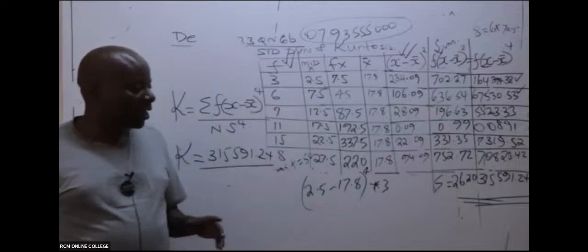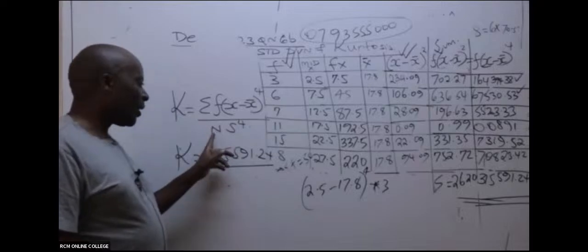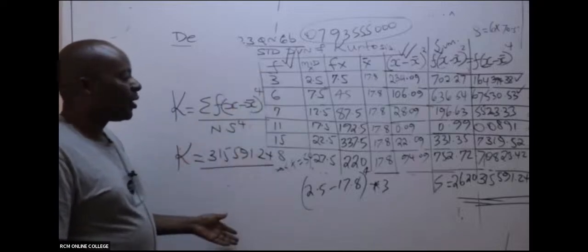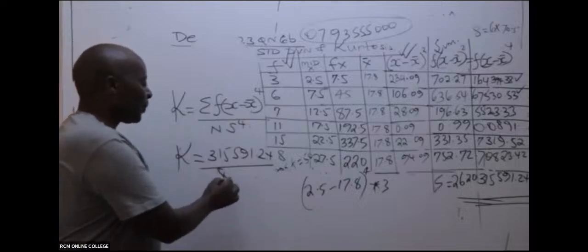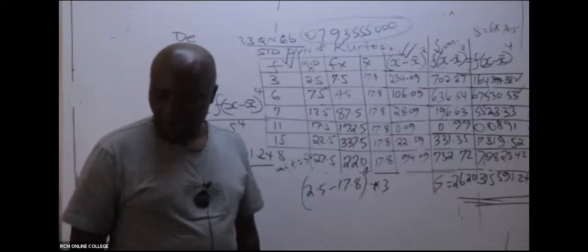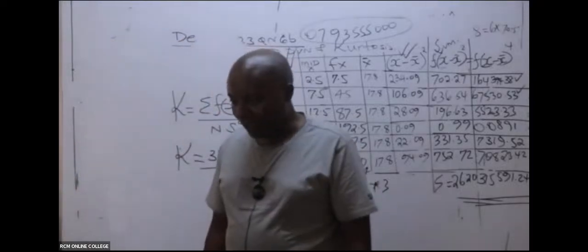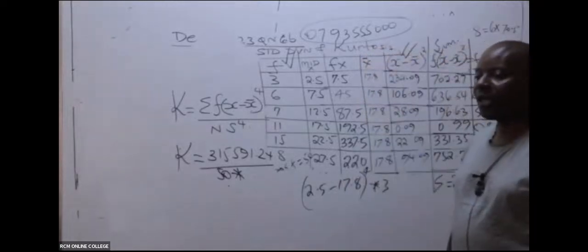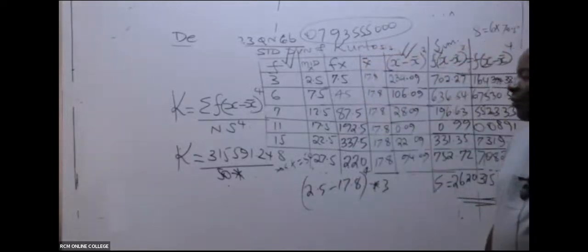Thank you so much. Then we come to N. Is there somebody who can remind us? N is the total frequency. Total frequency is 50. How about our standard deviation?